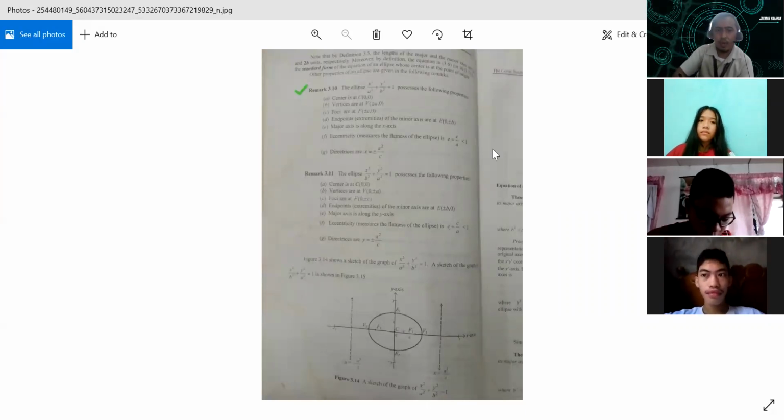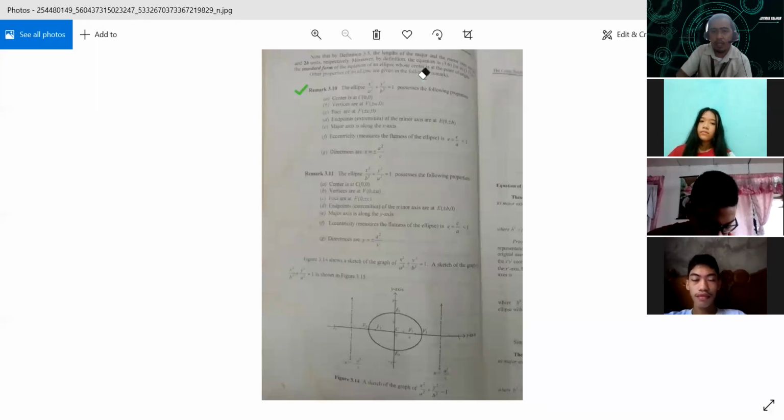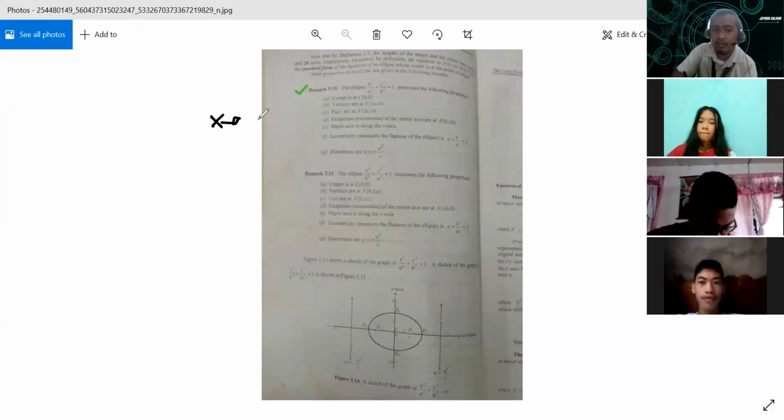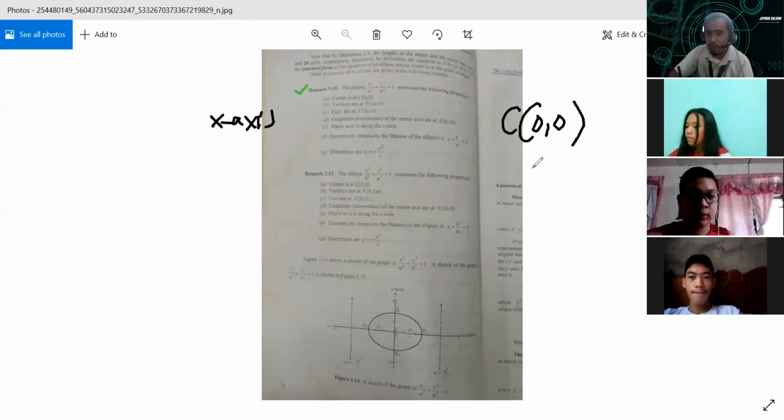This is the theorem that we will be using. I will be sending it in your group chat so that you will have a copy. You will use it if the major axis of your ellipse is the x-axis. By the way, the one we discussed now has the center at the origin.